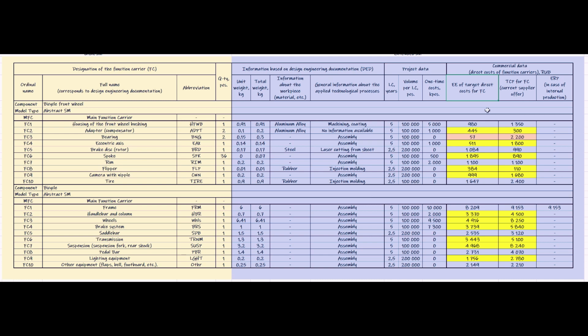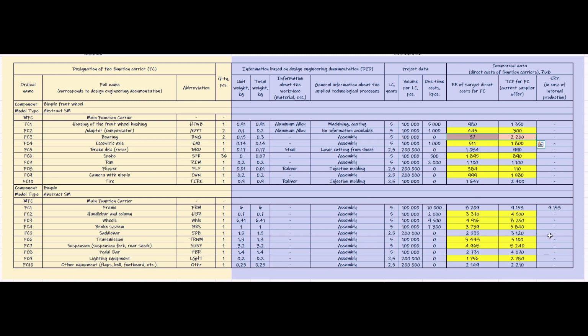As we can see, for some components, see highlights in red and yellow, deviations of the target and current values of the front wheel function carriers can reach a significant value. Function carrier number 3, for example, bears a deviation by an order of magnitude.